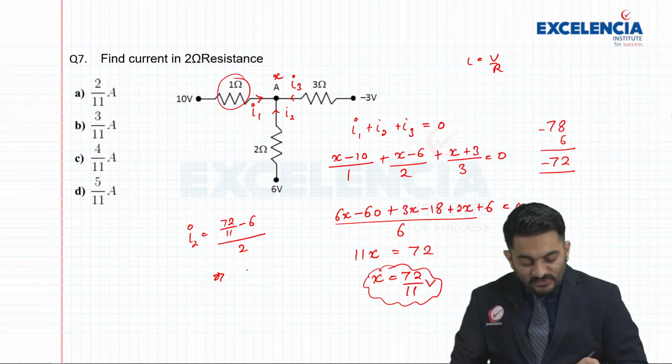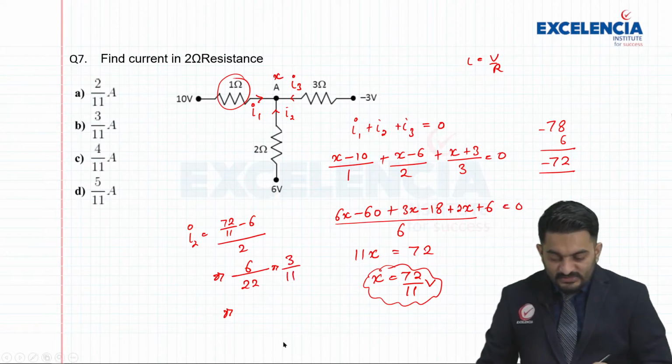If you take LCM, it will be 22, and 72 minus 66 is going to give you 6. So 6 by 22, which is going to be 3 by 11, because 2 3s are 6 and 2 11s are 22.